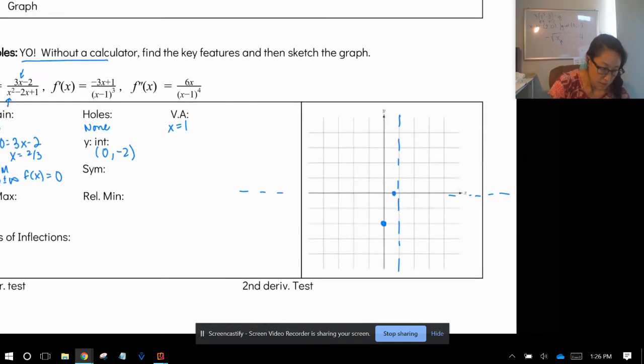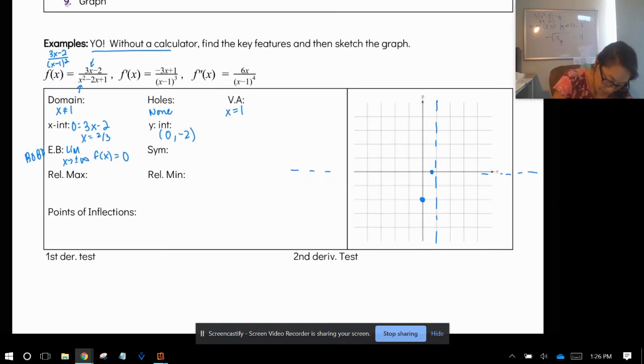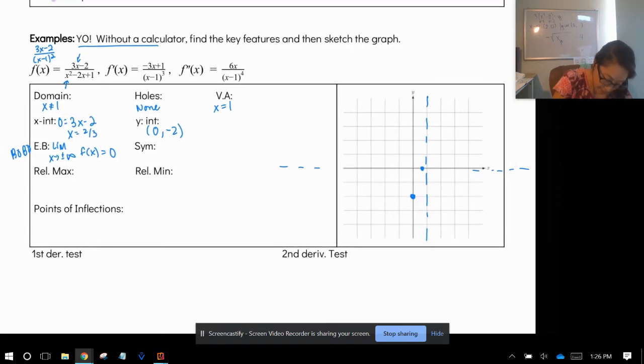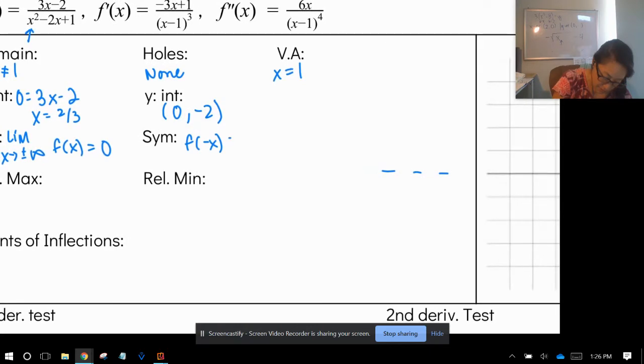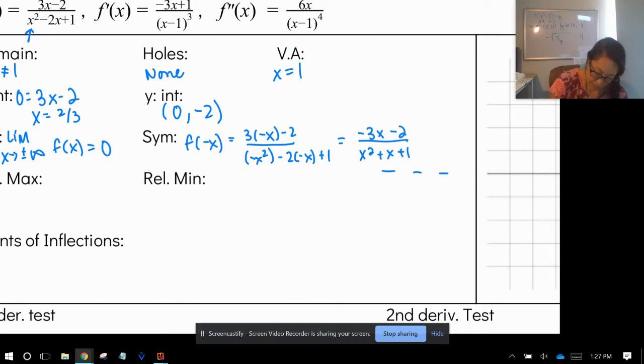All right. Symmetry. We can plug in f of negative x. So I'm going to do f of negative x is equal to 3 times negative x minus 2 all over negative x squared minus 2 times negative x plus 1, gives me negative 3x minus 2 all over x squared plus x plus 1. And I am going to compare this. Is this equal to f of x?